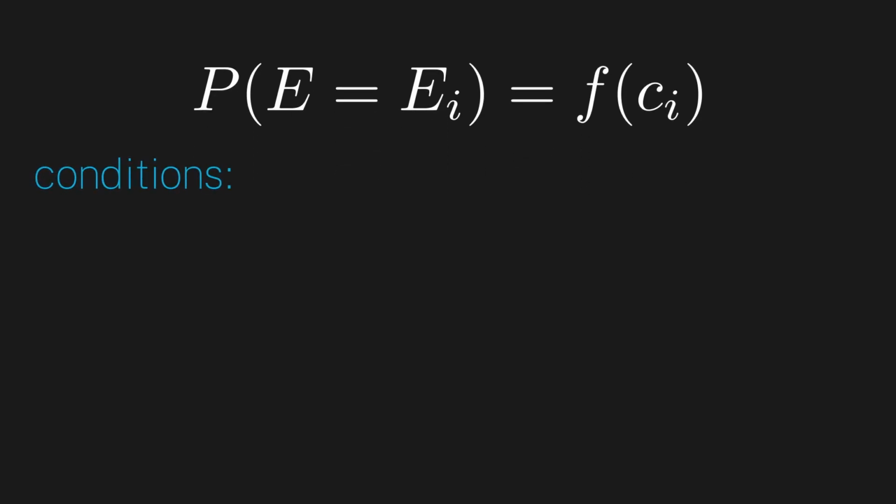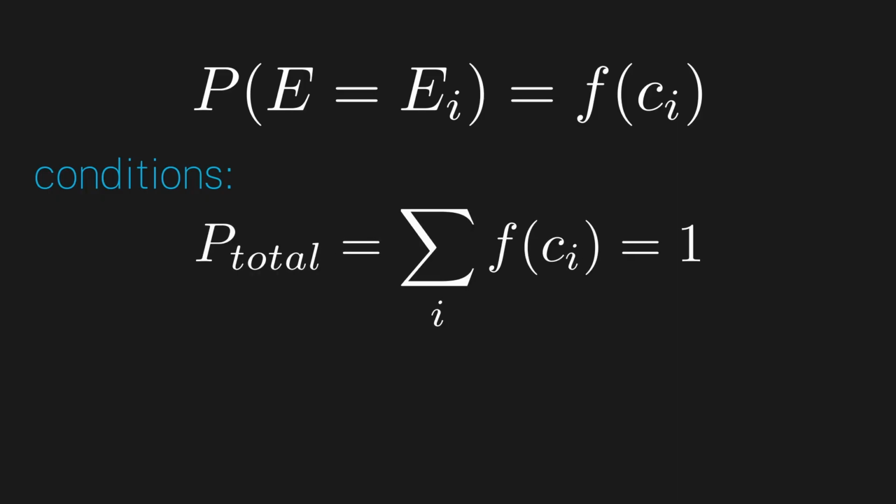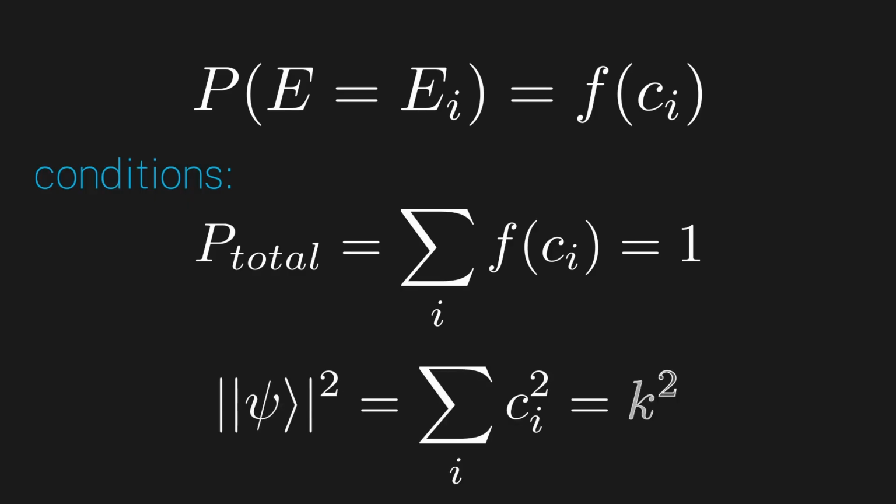First, no matter what probability function we choose, when we add together all the probabilities associated with each outcome, it has to equal a constant 1. Second, we'd ideally also want one that ensures the length of the quantum state stays constant in any basis, remembering that the length squared of our quantum state is calculated by the sum of squares of the coefficients. Here we write the constant as k squared to enforce that it must be positive.